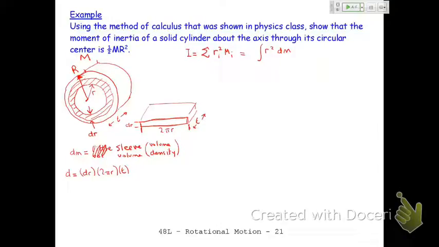And then the density equals the total mass divided by the total volume. What is the total volume of a cylinder? It's the surface area of the face, the circle's area, times the perpendicular height.